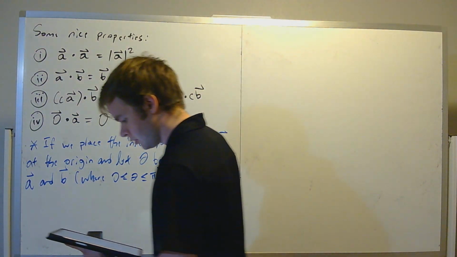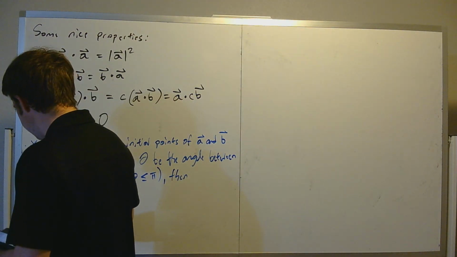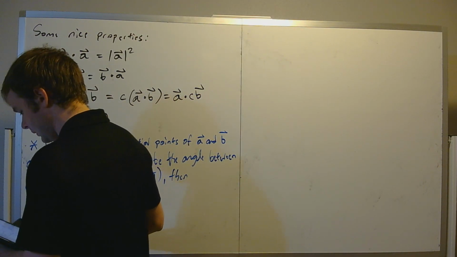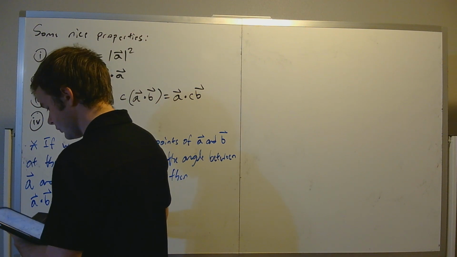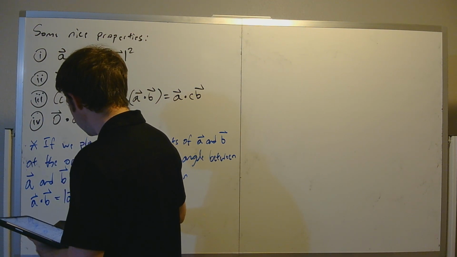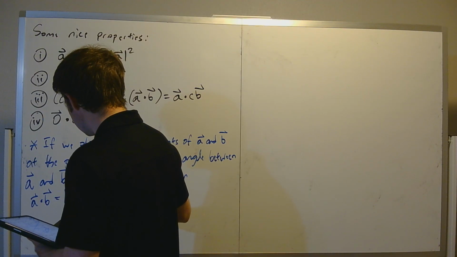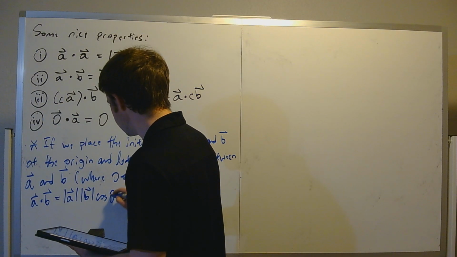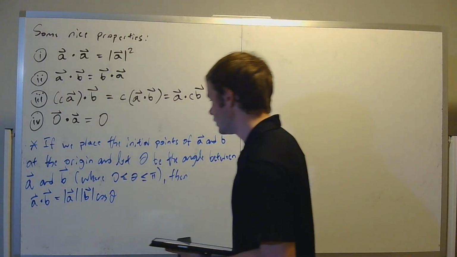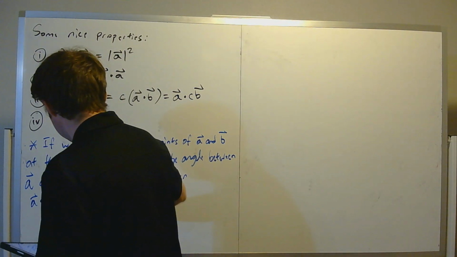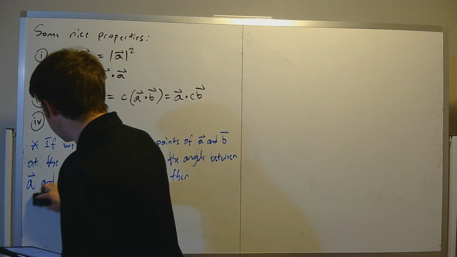So the thing we get here is that A dotted with B is actually equal to the size of A times the size of B times the cosine of theta. Sorry, I should use a different color here. Let me just rewrite that, because this is important.